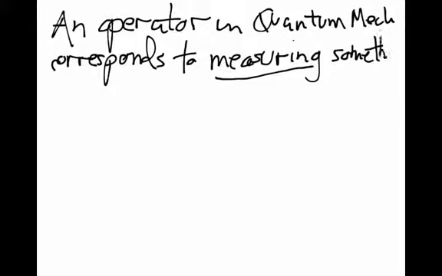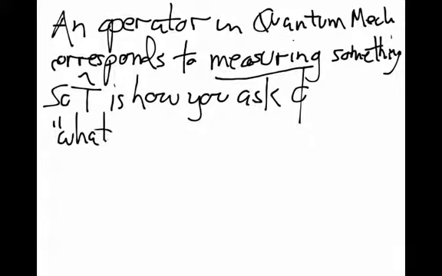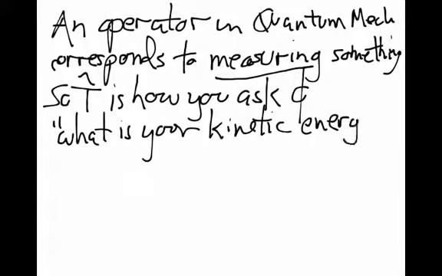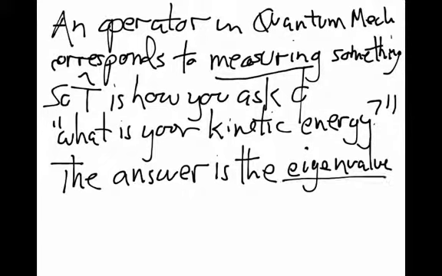It's a representation of how you make a measurement of something. So in other words, T hat is basically how you ask a function phi, what's your kinetic energy? And the deal is that in this case, the answer is the eigenvalue.